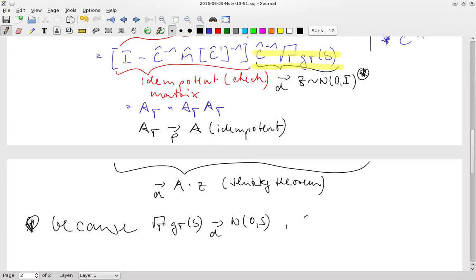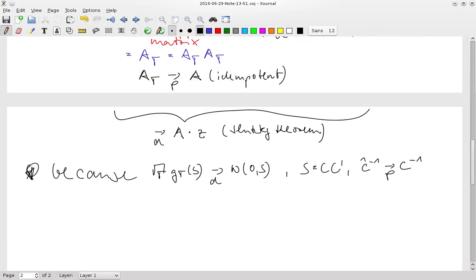With this symmetric and positive definite matrix S, we can decompose it as CC prime, as we've done previously, and we can also use that C hat to the minus 1, the object that we had previously, is converging in probability to the inverse of C. These are the two results that we need.